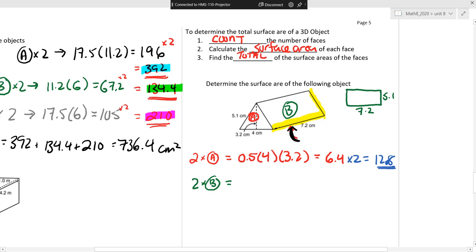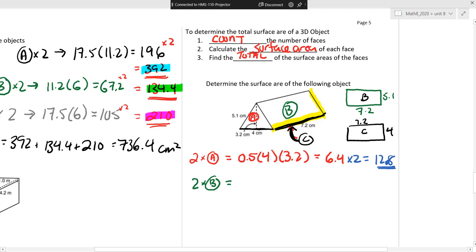Okay, this side here, I'm highlighting right now, is 7.2. Then the other side of this is right here, 3.2. Oh, wait, no. 4. 4. Right? So we'll call this side C.